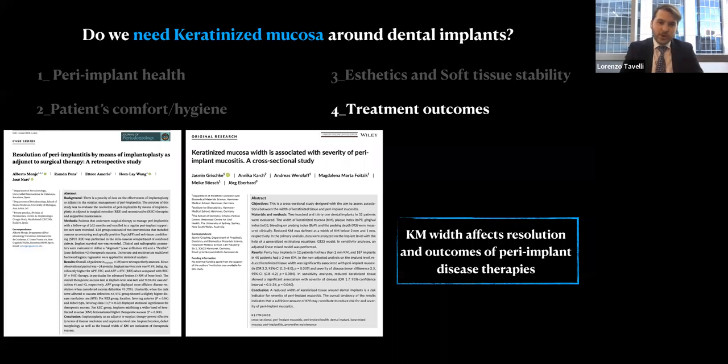So keratinized mucosa not only is important for peri-implant health, providing also better comfort for patients during brushing, and for the aesthetics and the stability of the soft tissue, but also when we talk about an implant that is diseased, particularly having peri-implant mucositis or peri-implantitis, when you actually have to perform an intervention that is either non-surgical or surgical, and this intervention, of course, is aimed at re-establishing peri-implant health, having a certain amount of keratinized mucosa is a positive factor for your treatment outcome.